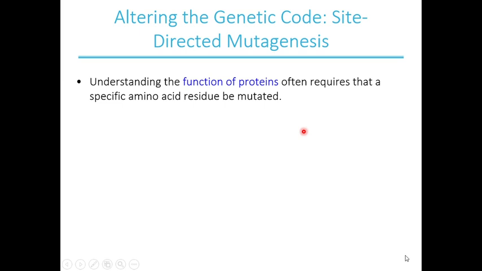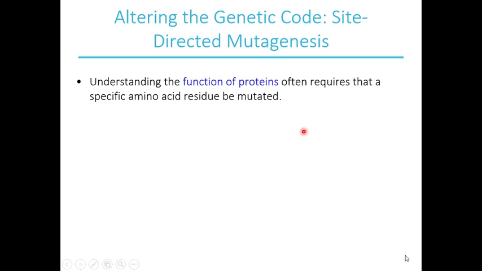What does this mean? Let us imagine that you are studying the function of a protein, let us say it's an enzyme. Now, to study and characterize the function of an enzyme, it is important to understand what individual amino acids in the active site really contribute.